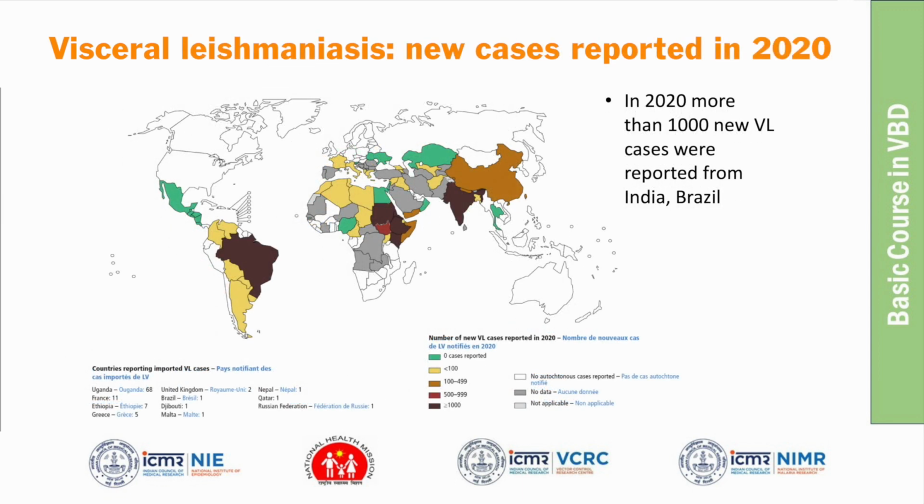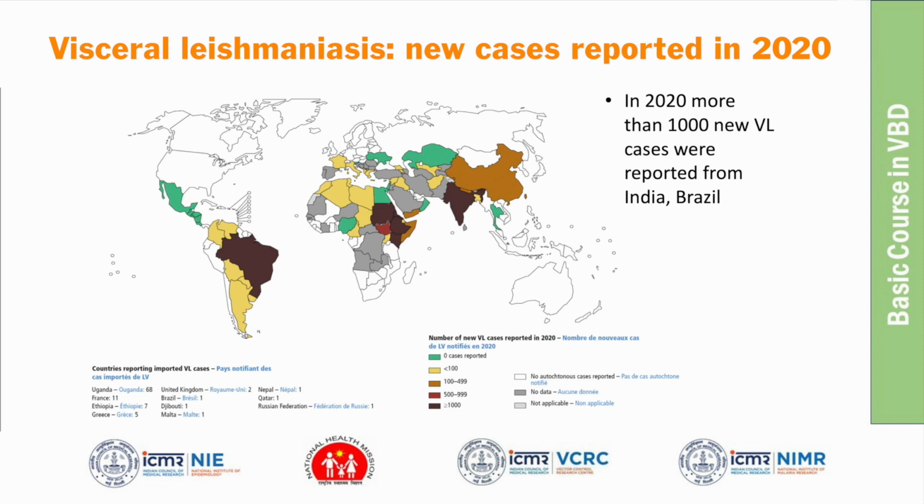If you look at the visceral leishmaniasis cases, new cases in 2020, more than 1,000 new VL cases were reported from India and Brazil. The pink here is India and Brazil, you can see that. And among the countries reporting imported VL cases, Uganda has the highest number, 68 cases.